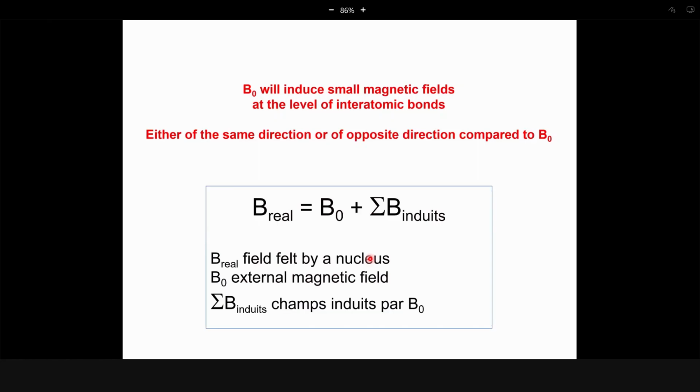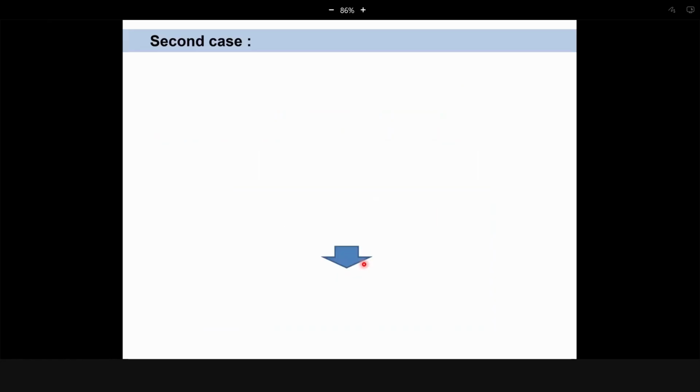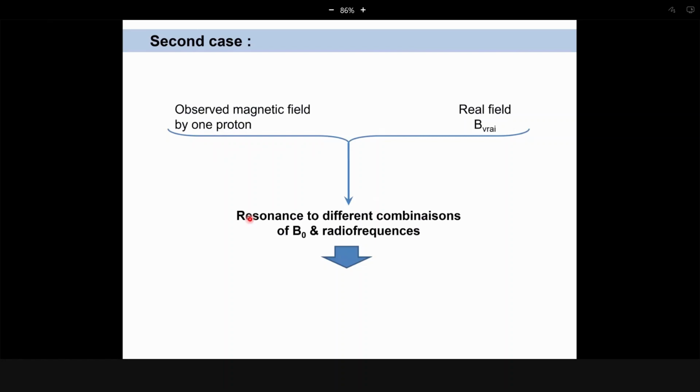Okay, one proton gives one peak. But if we have more protons in the structure, then we will have many peaks in the spectrum. The number of peaks will depend on the number of groups of protons in the structure.